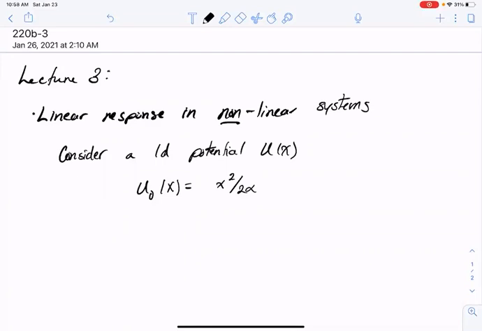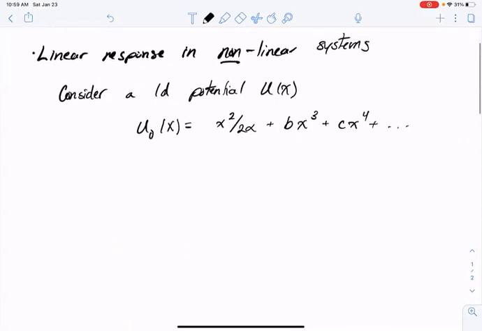So there are stable states for which the evolution can evolve. But unlike the simple harmonic oscillator we've considered up to this point, let's add in nonlinear terms of the form of higher order polynomials. Say the cubic term with some coefficient b and a quadratic term with some coefficient c.